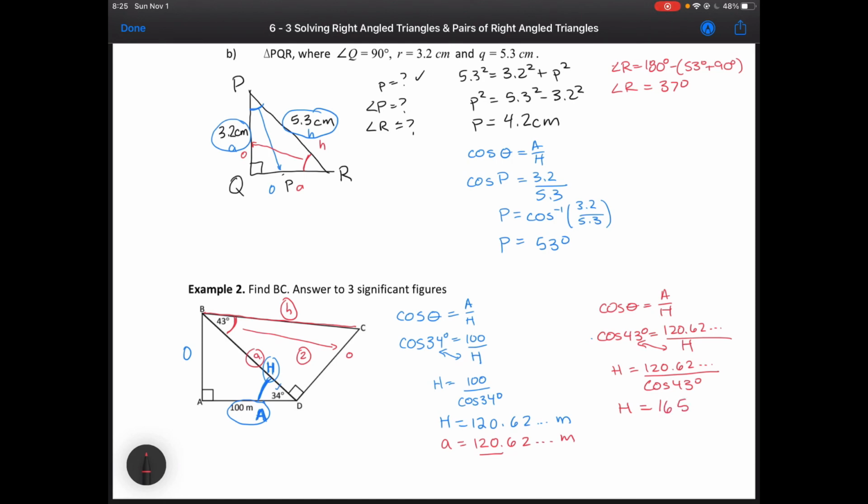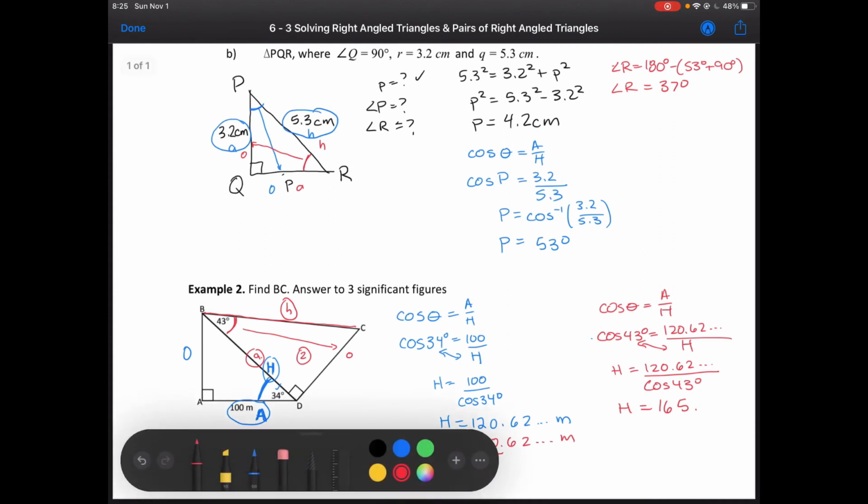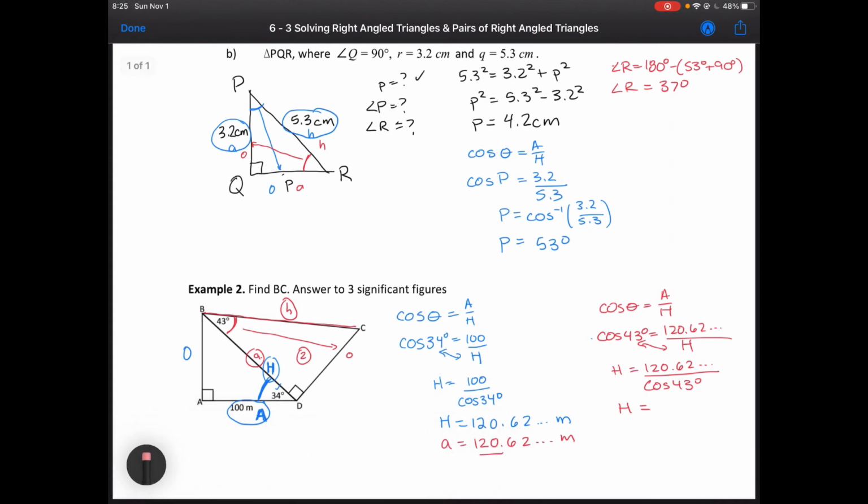And now I've got that side length is 165, well, three significant figures. We'll end with 165 meters. So therefore, the length of BC is 165 meters, and there's an example of using right-angled trigonometry on two triangles.